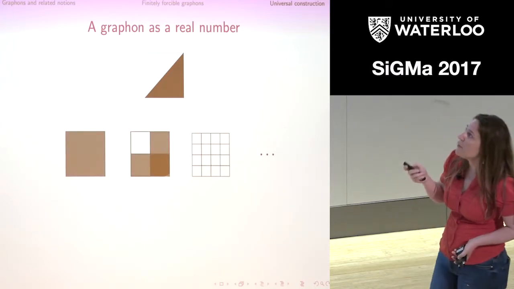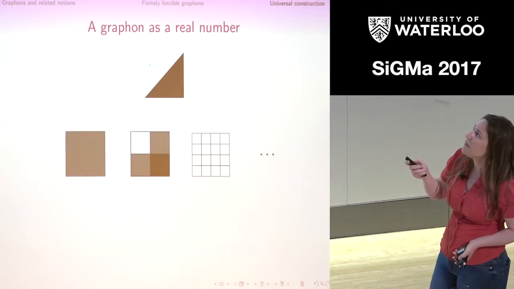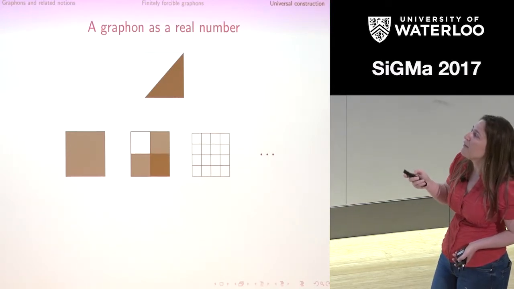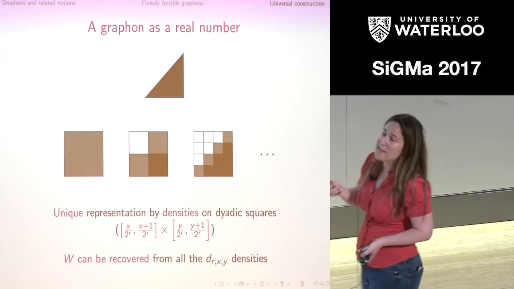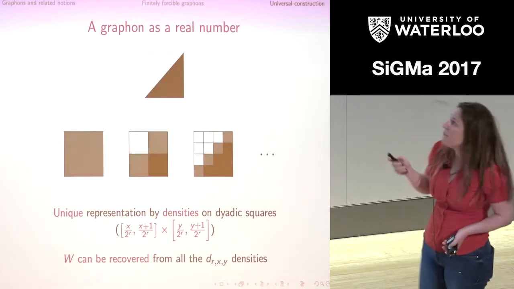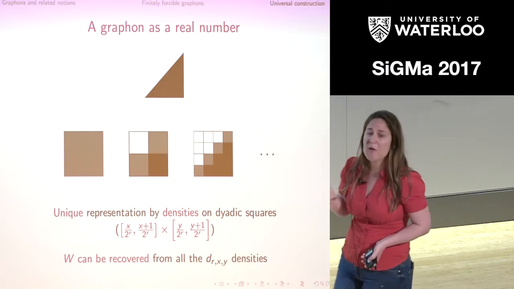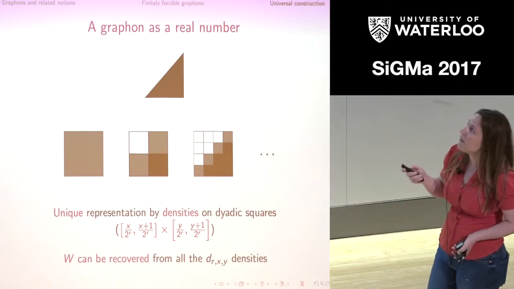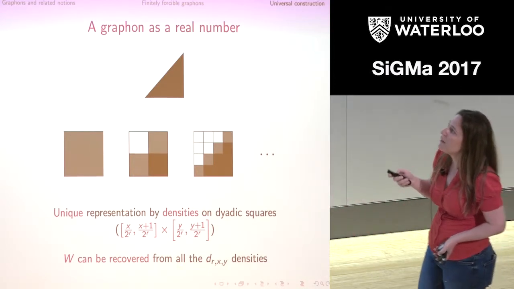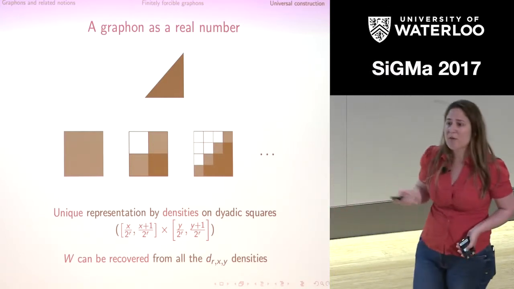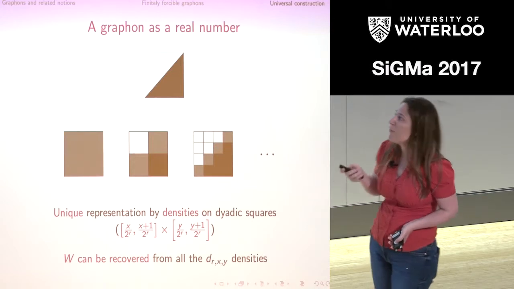For example, here the edge density is 0, 1, half, and half, and so on. If I have all these densities, they define uniquely the graphome I am talking about. If I pick this for every square, I have a countable number of squares and a countable number of densities that describe my graphome uniquely.